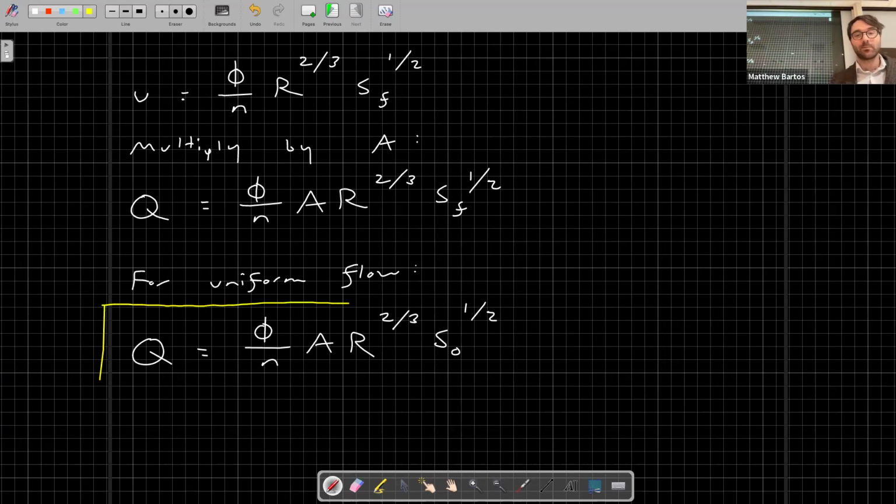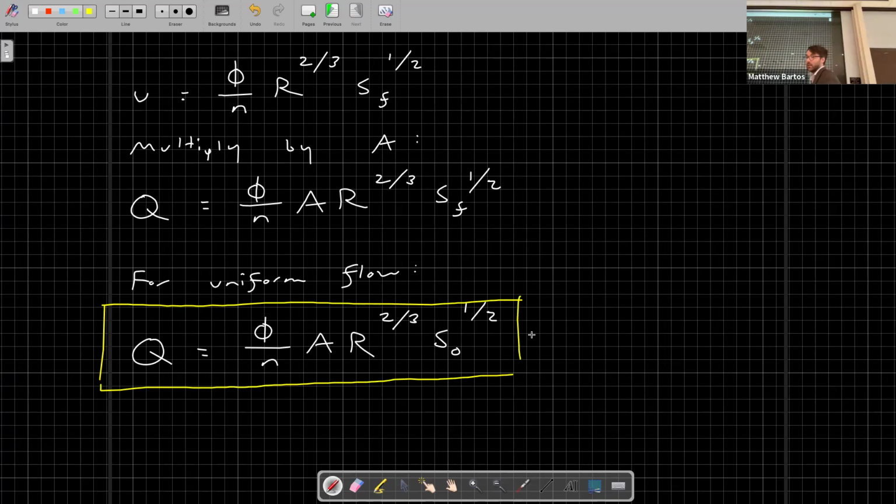So this gives us a way of predicting the discharge in an open channel just from the geometric parameters, so the geometry of flow, the slope of the channel, and information about the roughness of the channel.